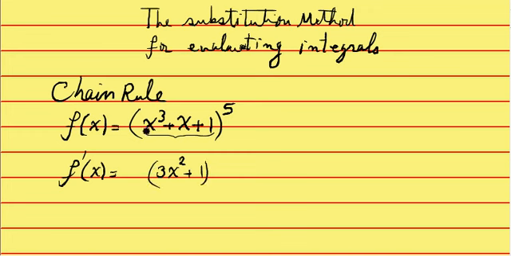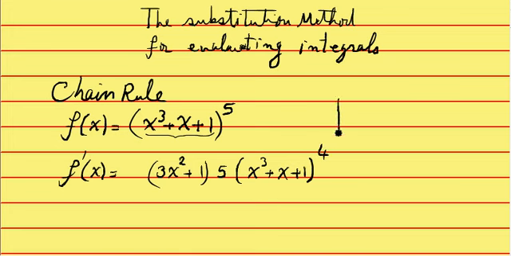That's the derivative of the inside. Now that quantity raised to the power of 5, that's going to be your other function that you differentiate in the normal style of bringing the exponent up front, taking the base and raising it to 1 less than the old exponent.